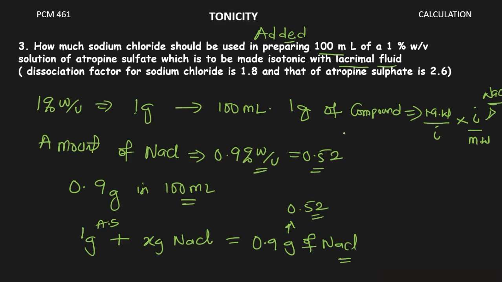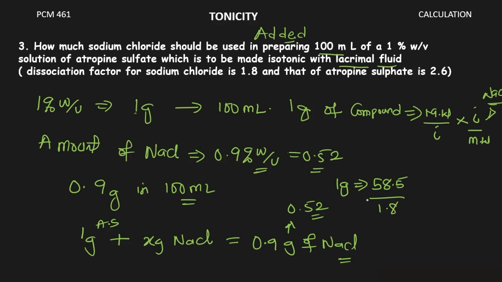So in this case, what do you think this will give us? 1 gram will be equal to, the molecular weight of sodium chloride is 58.5. The dissociation constant of sodium chloride, we already calculated it as 1.8.